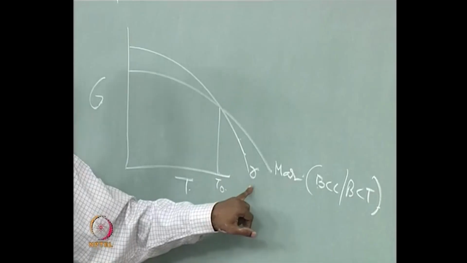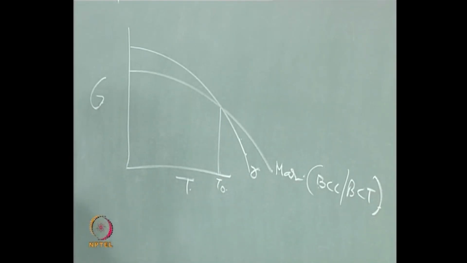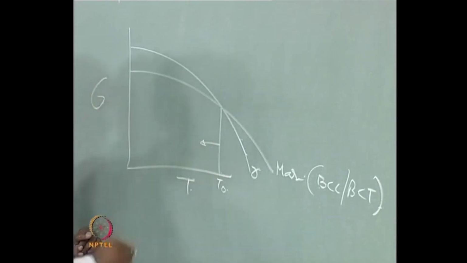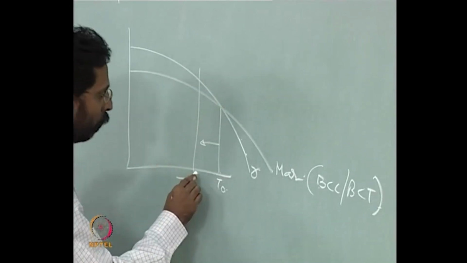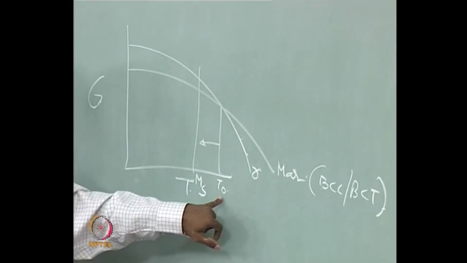If there is no shear, gamma would not transform to martensite, and for this shear to occur you need to provide certain driving force. As a result, the transformation occurs at a temperature below this, which is what we usually call the MS temperature, which is actually below the T naught.